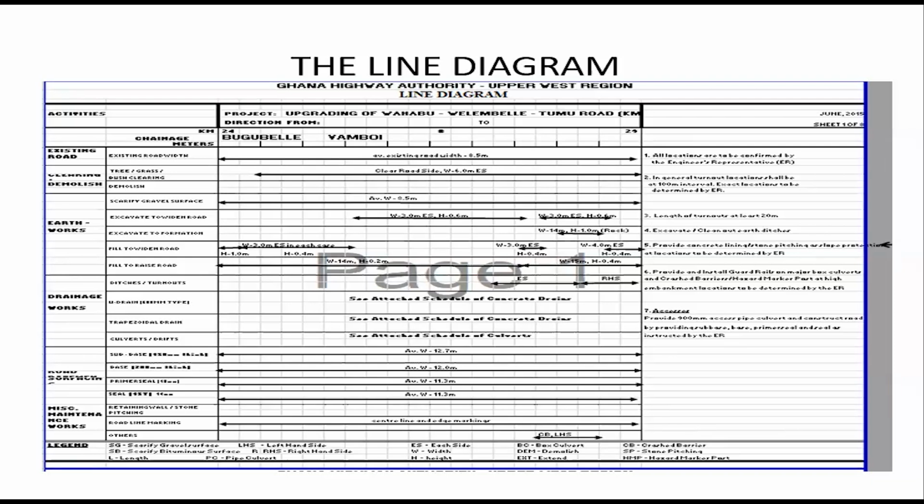Then we have, let's say, under earthworks, excavation, excavation to widen road, and it starts from kilometer 27 thereabout to kilometer 28 point something, and it's saying that the height of the fill to widen is 0.6, and then the width is 3 meters.